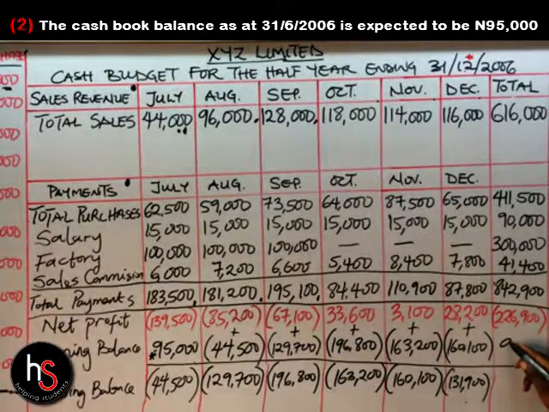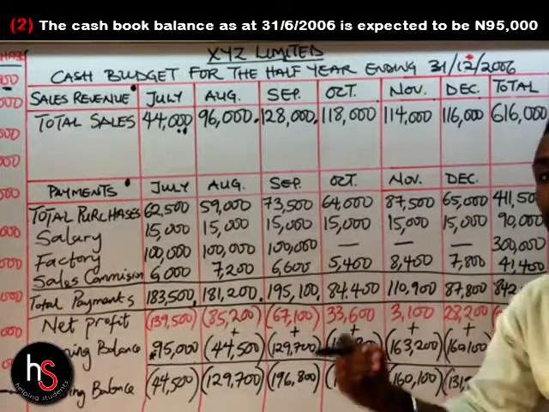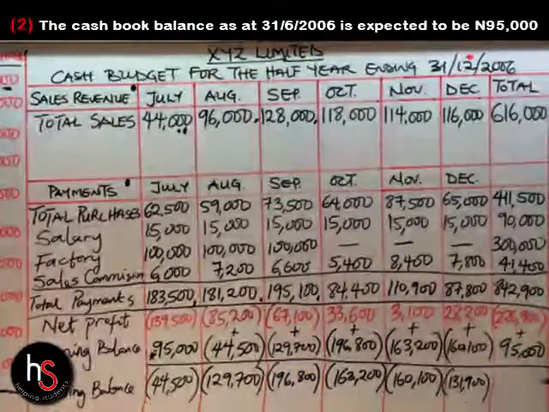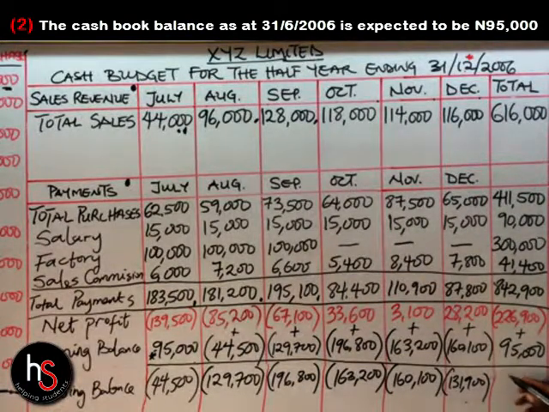So what we have here is 95,000, which was given in the question as the opening balance. So you say minus 226,900 plus 95,000, and it gives us minus 131,900. You can see that these two values are the same.